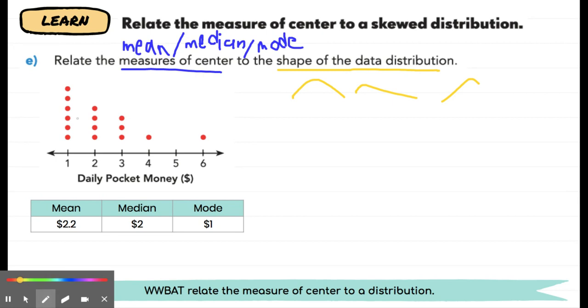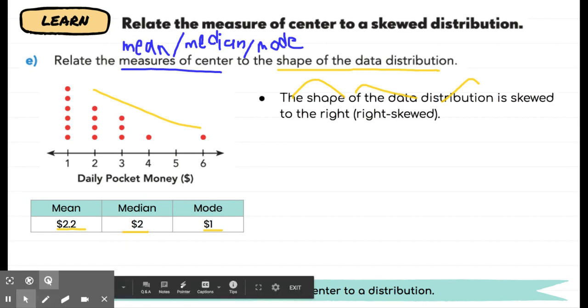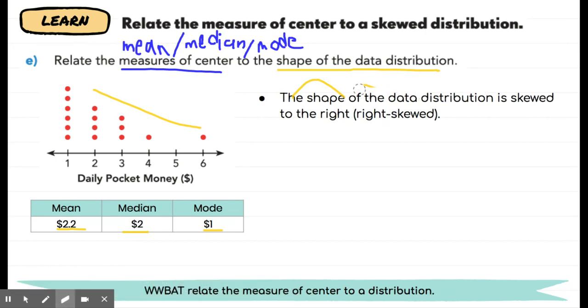Now we have the data that is right skewed because the tail is to the right, and we have a mean of 2.2, median of 2, and mode of $1. So what you can say is the shape of the data distribution is skewed to the right. This data is right skewed.